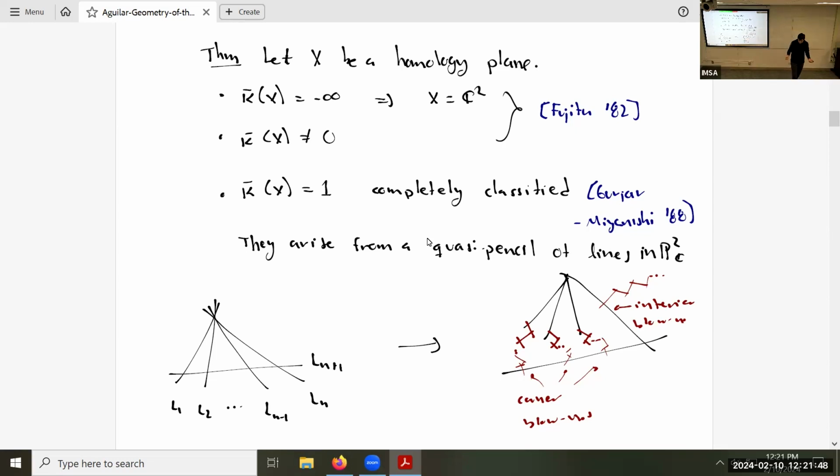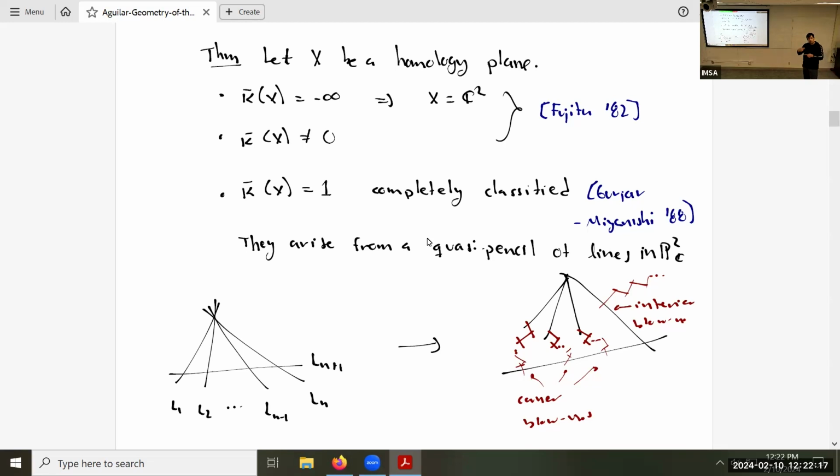But you will have a number of choices to make. They are basically codified by n-tuples, and then this will tell you how you should make the blow up here. And at the end of the day, you will have a -1 curve, and you don't remove that -1 curve. You remove everything but that -1 curve. That's very similar to the Ramanujam construction.